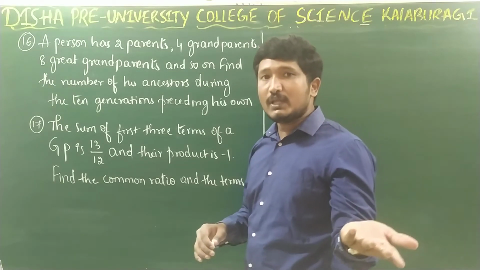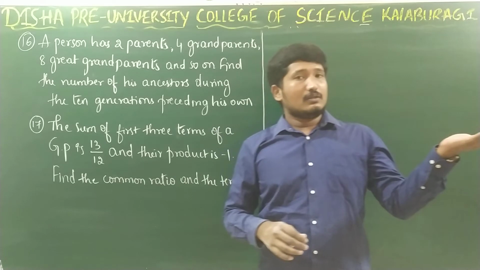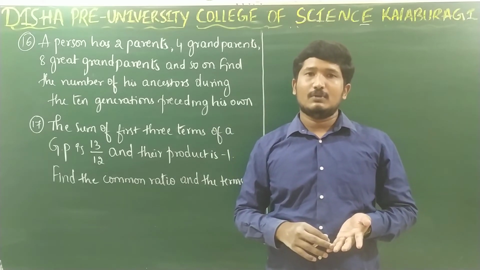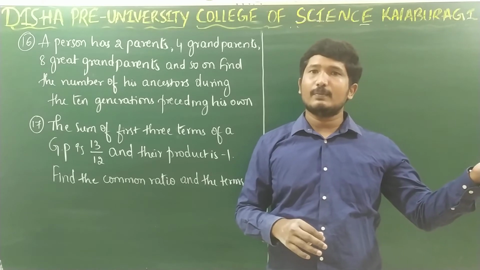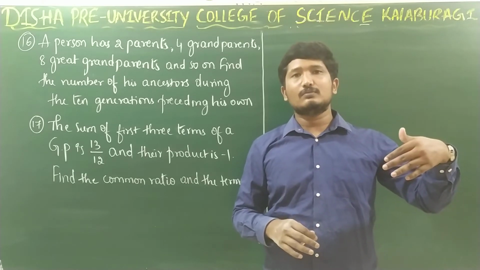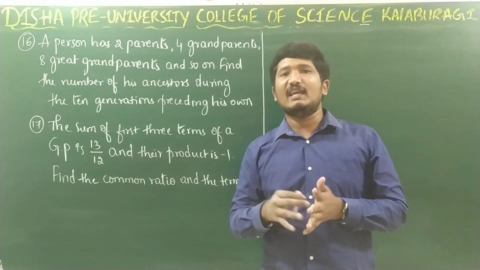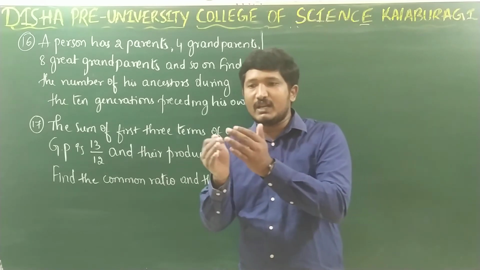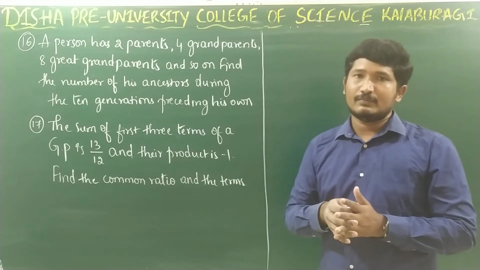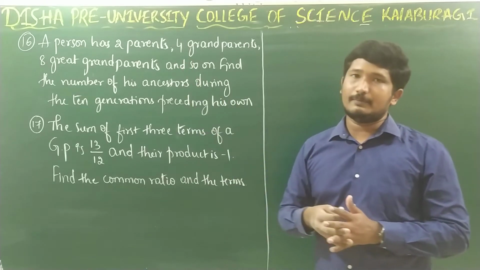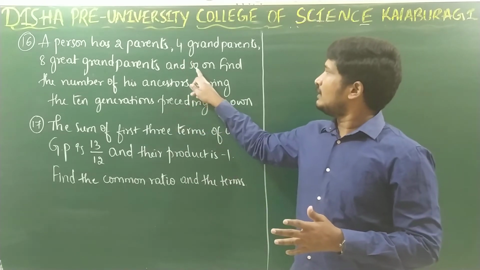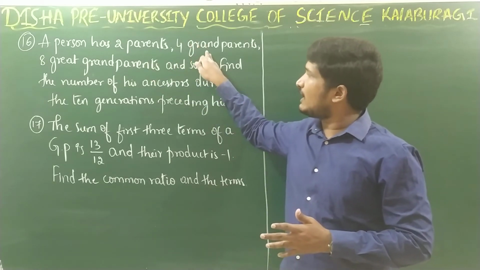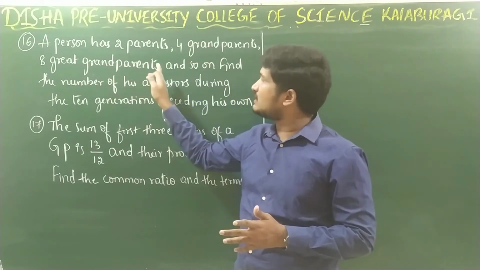What did we do there? There was a 30 years generation gap. For over 300 years, what did I do? I wrote the number of ancestors I had. For each generation, how many ancestors I will be having, that is what is given here. That is, a person has 2 parents, 4 grandparents, 8 great grandparents, and so on.